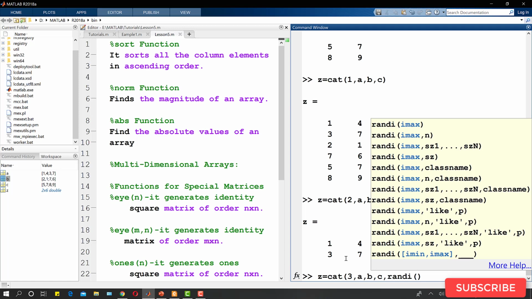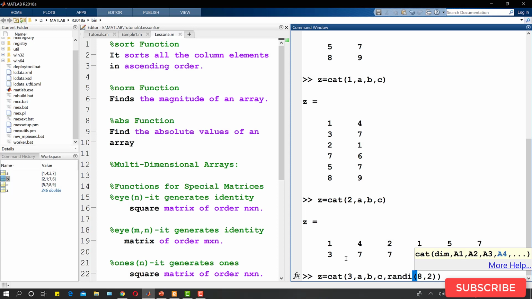If I write, let's suppose 8 and I write 2, the order should be the same. Keep in mind, because I have given you the example of a book, a book will always have the same size pages. It is not possible that a book will have some larger pages and some smaller pages. So keep in mind that while using cat functions, all these arrays will have the same order, that is, the number of rows and the number of columns will remain the same.